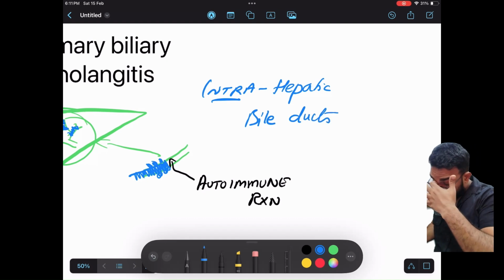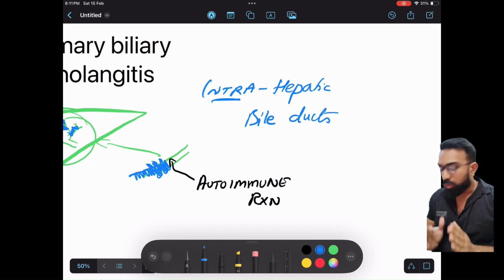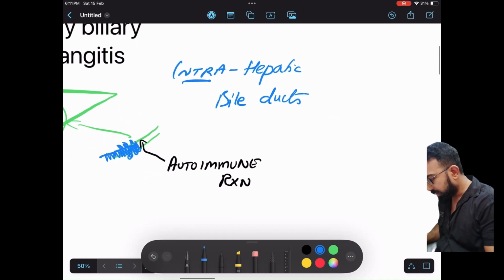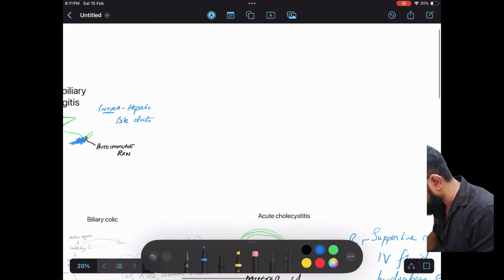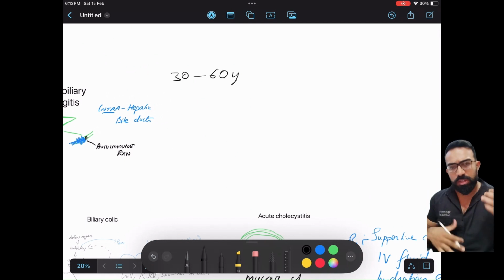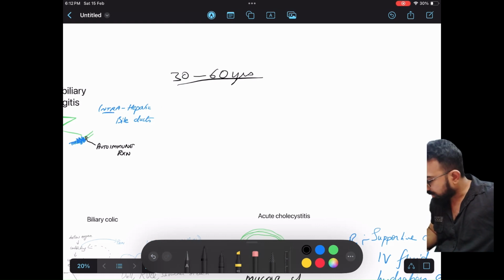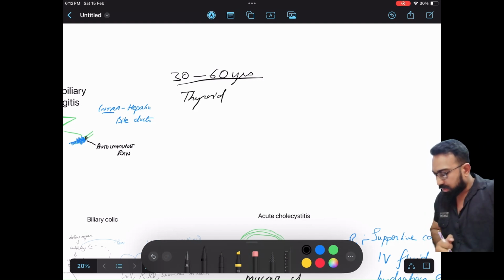Then how is it going to present? It generally affects females. This is a lady who is in her 30s to 60s, 30 to 60 years. She has other autoimmune conditions also, like the question might say that she has a thyroid problem or any other autoimmune problem, they will give you in the question stem.